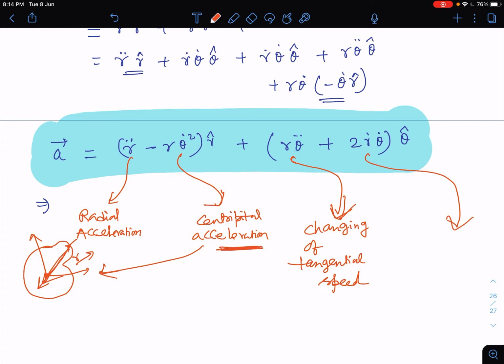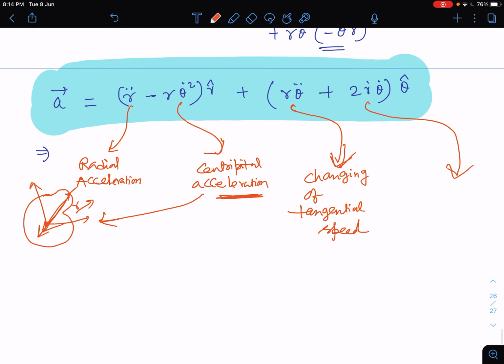And this part is a new term, basically the fictitious force that appears to act in a rotating coordinate system, known as the Coriolis force, that you may have heard about.